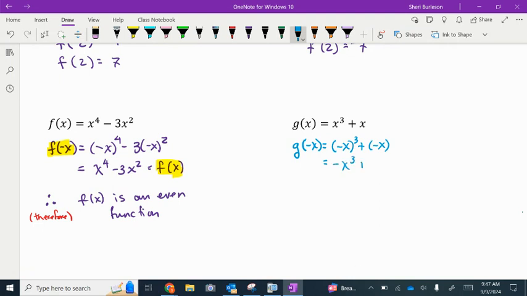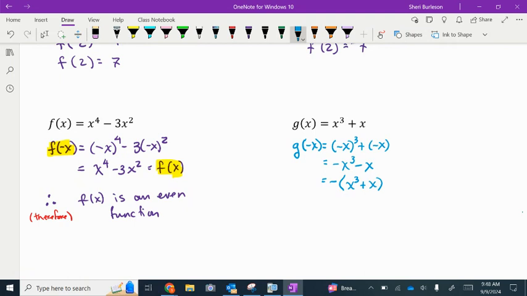Negative x cubed. And then what happens when I multiply a positive times a negative? Okay, this one we need to do one more step. Can I factor a negative out of both of these terms? When I divide negative x cubed by a negative, I should get positive x cubed. When I divide negative x by a negative, I should get positive x.